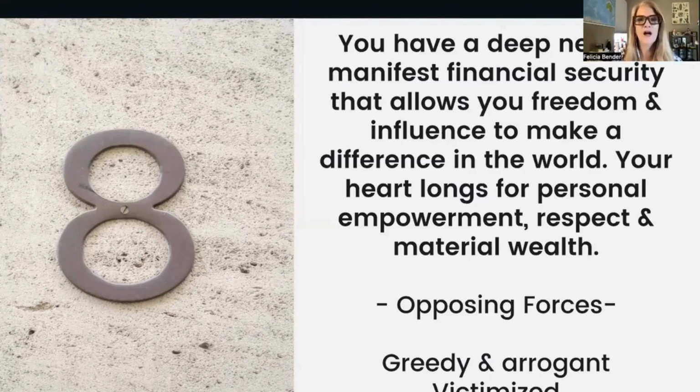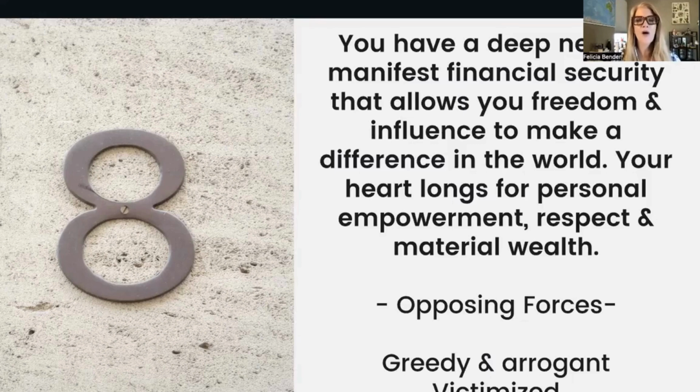Because you've got both that you are working on manifesting, which is your personal journey as a 7, and yet part of that journey is going to be making your way, manifesting things, and doing well in terms of money and power and authority. So the opposing forces here are greed and arrogance.